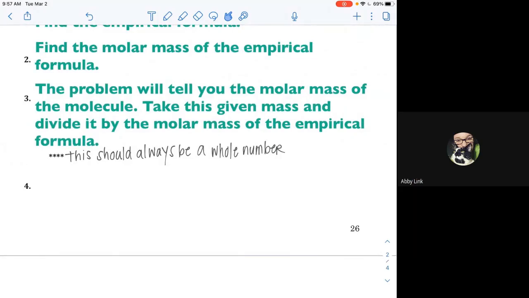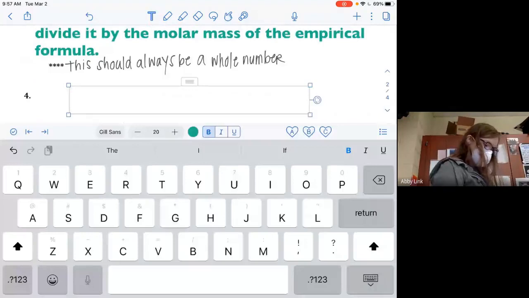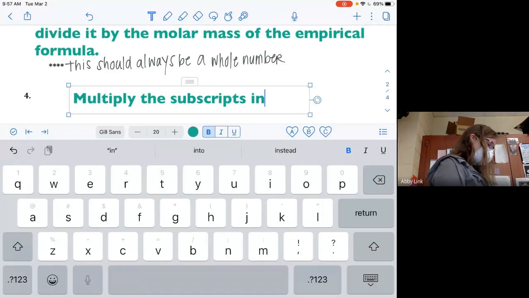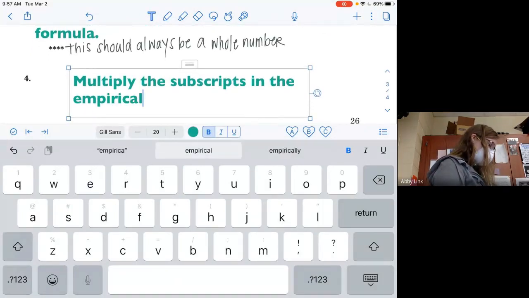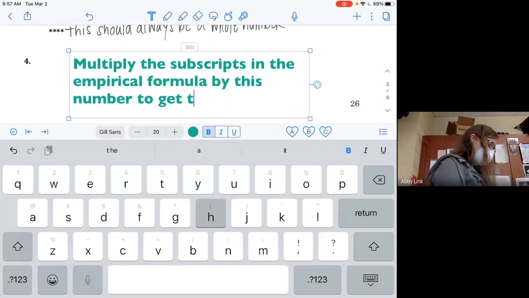Perhaps I just wrote down the mass from the problem wrong. Perhaps I found the wrong empirical formula. Okay, so it's kind of like a check and balance for you before you solve out the rest of the problem. All right, step number 4 is to multiply the subscripts in the empirical formula by this number to get the molecular formula.